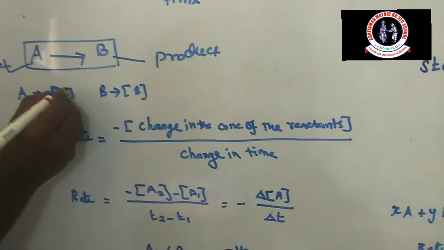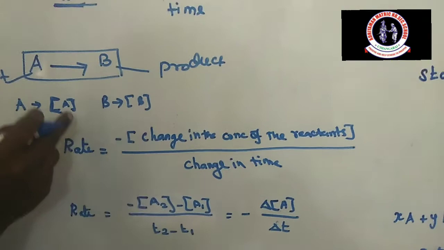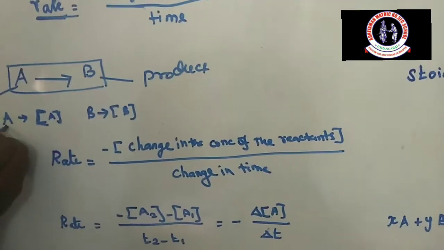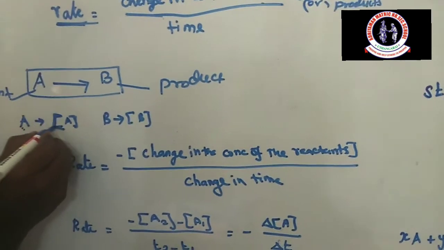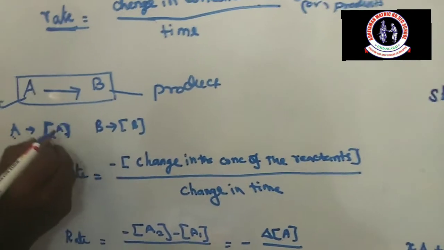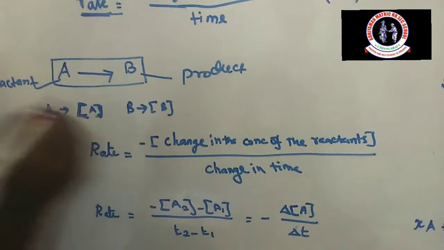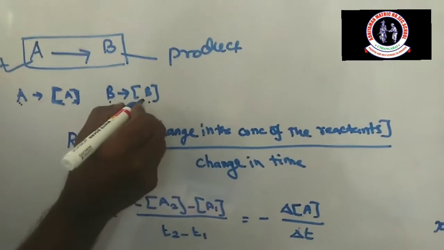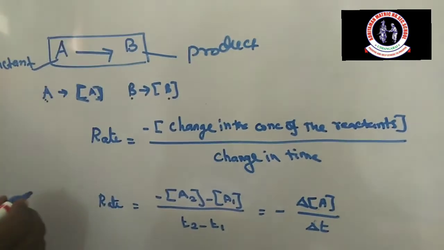Concentration is the number of moles present in a liter. The concentration of A is square bracket A, and the concentration of B is square bracket B.